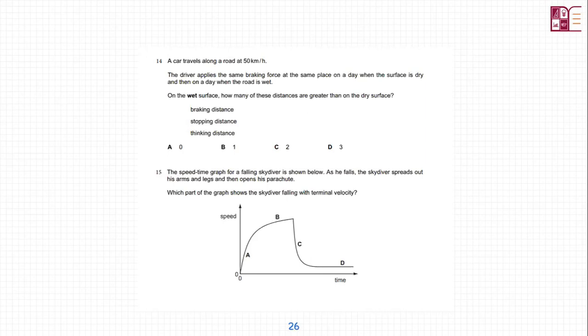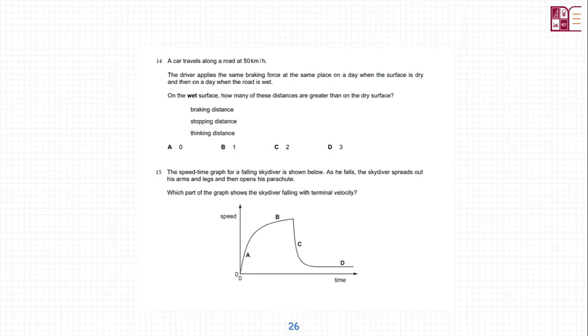As you can see in portion A, the speed is increasing and it's increasing till the air resistance starts to match it up. And as the air resistance is equal to the weight of the body that is acting downwards, the body immediately achieves terminal velocity, which is a uniform velocity, as you can see in portion D.